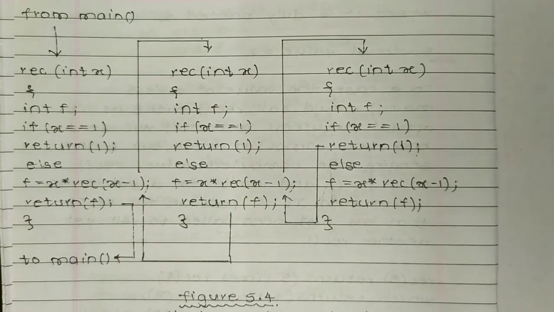Now visualize the number entered as 3. Assume that number 3 is entered. Go through the figure carefully. The first time when rec is called, from main x collects 3.